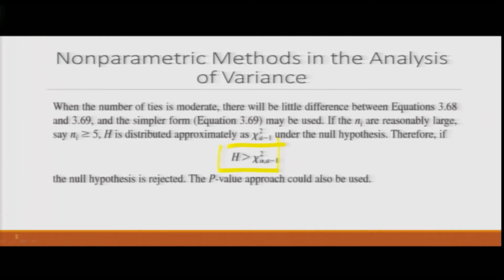I will use the color red. So, it will be H less than chi square, I am writing the degrees of freedom first, a minus 1, 1 minus alpha.